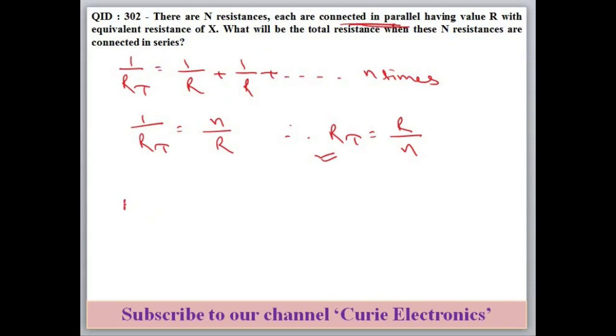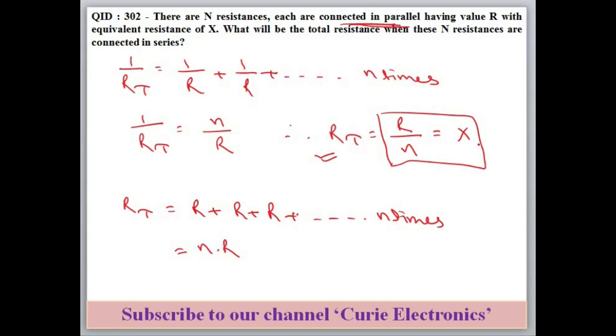Same resistors are connected in series. Then what will be your total resistance? R plus R plus R like this n times. R plus R is 2R, R plus R plus R is 3R. Similarly, R plus R plus R up to n times it will be nR. Now they are telling this value is x.